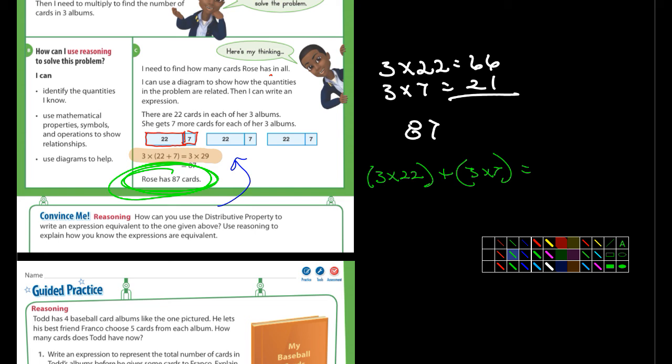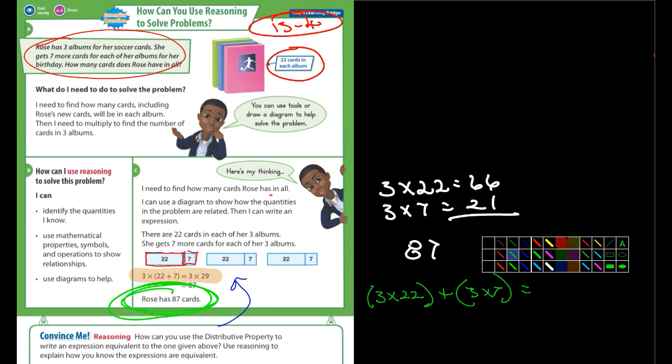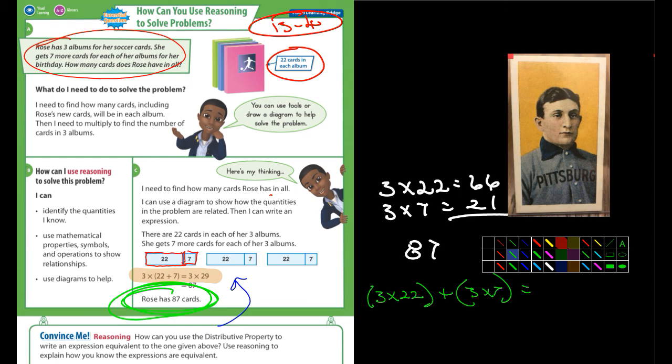Okay, guided practice. Oh, wait, there's something I wanted to show you guys here. They were talking about, what were these, soccer cards? So I've never collected baseball cards. I know some people do. And I know some baseball cards are worth quite a bit. So let me show you one baseball card here that was sold at auction in 2016, so 4 years ago.